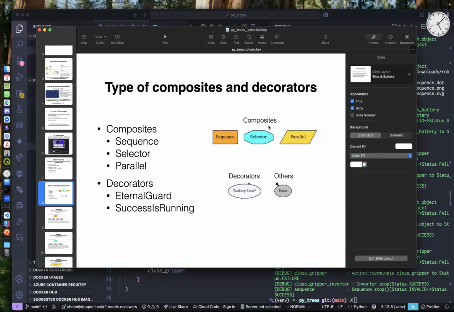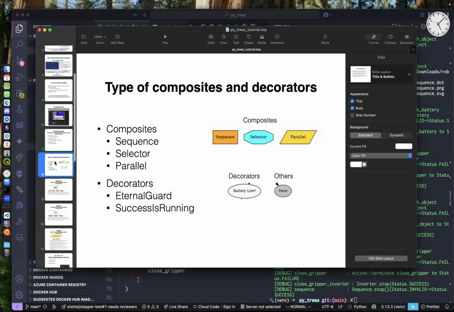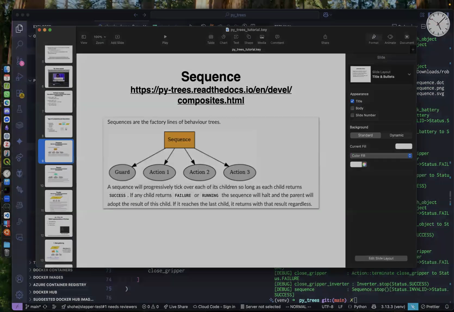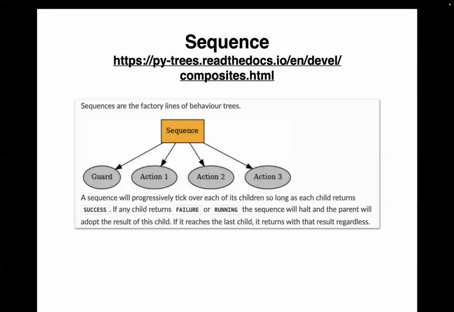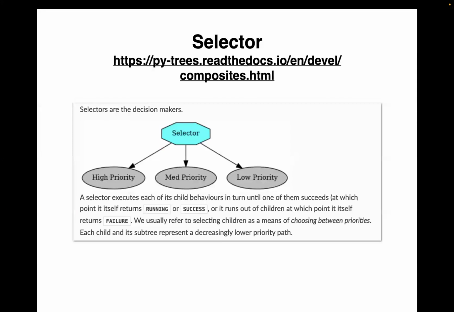I didn't mention the use of the selector and the parallel, but you will see them in the next example in PyTrees ROS. So basically what you need to understand is the use of the sequence, the selector and the parallel. Let me briefly explain what the selector does.